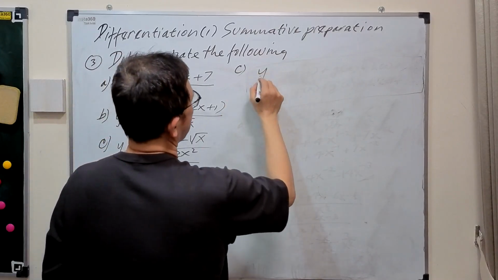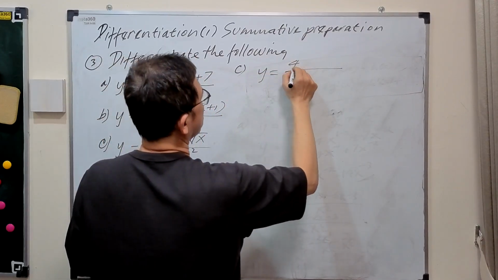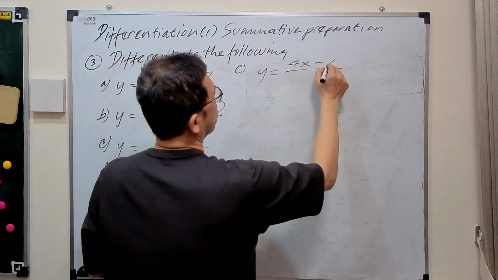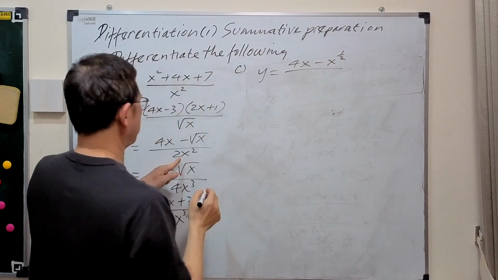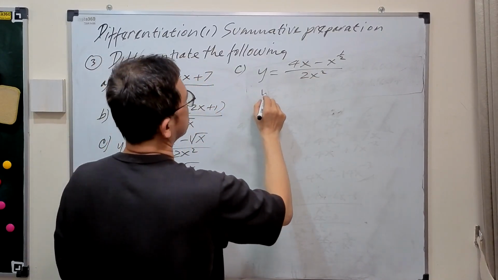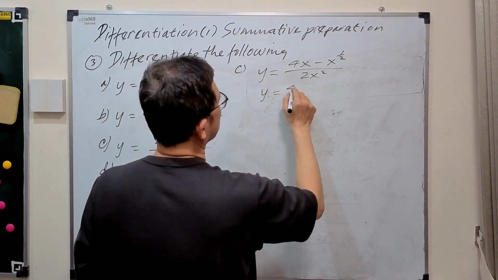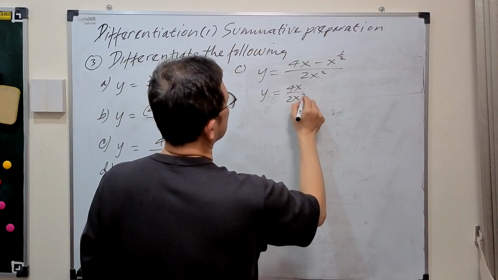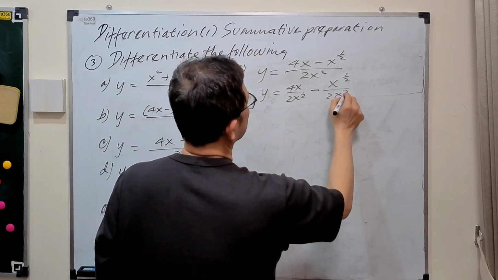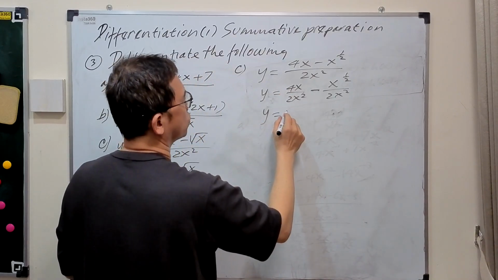How about C? Let me express the top in exponential form first. This will be x to the power of half, and this will be 2x squared. Then divide every term by 2x squared. This will be 4 divided by 2, 2.